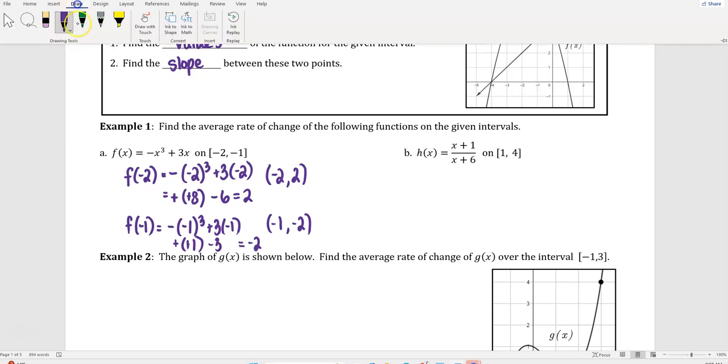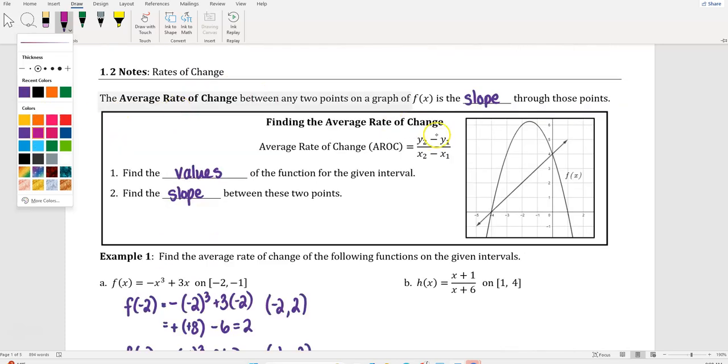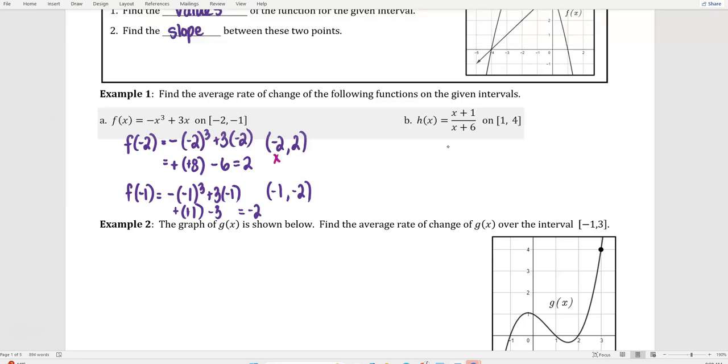And then, once you get that, you're going to do your slope formula, which is y2 minus y1 over x2 minus x1. So you could let this be x1, y1, this one be x2, y2, or you can switch it. It doesn't matter which point is x1, y1, and which one's x2, y2.